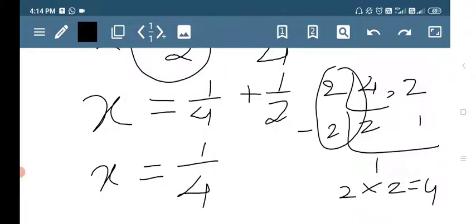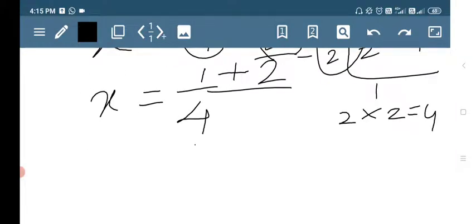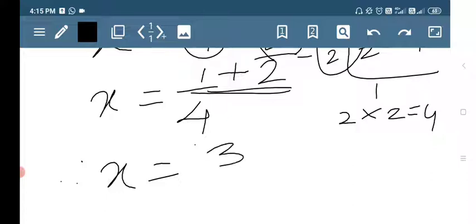The LCM is 4. So 4 1s are 4, and 2 2s are 4, that is from the denominators. Now the numerator should be multiplied with that factor. 1 1s are 1, plus 1 2s are 2. So therefore x is equal to 1 plus 2 is 3, divided by 4.